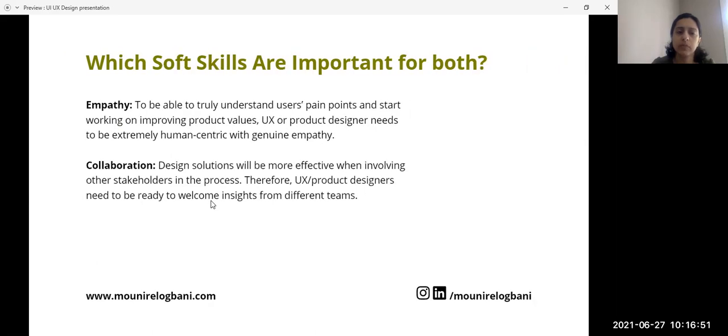So, what soft skills are important for both of them? As you know, empathy is very important to really understand the user's needs, the pinpoints, what they need and want, and also to improve the product values.